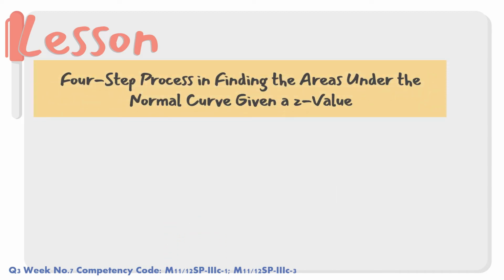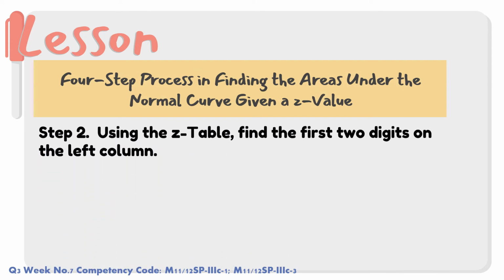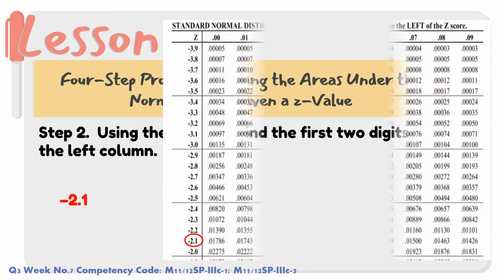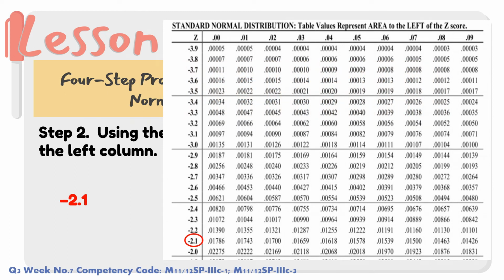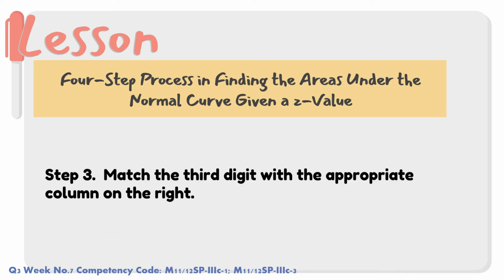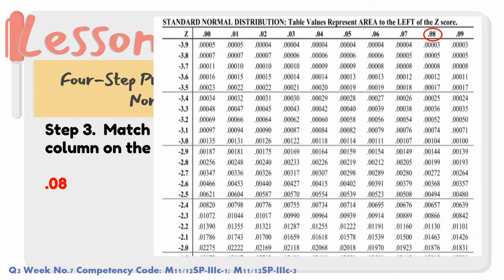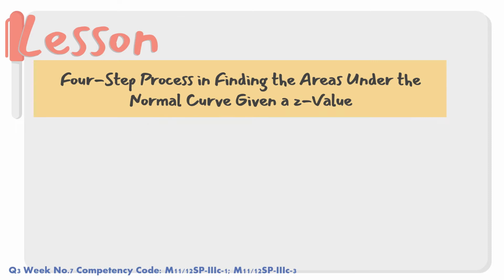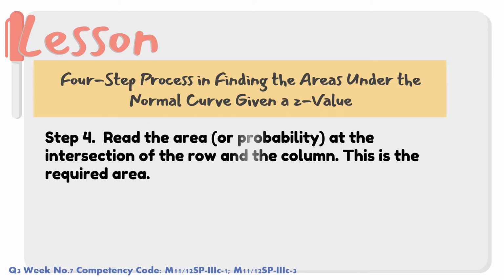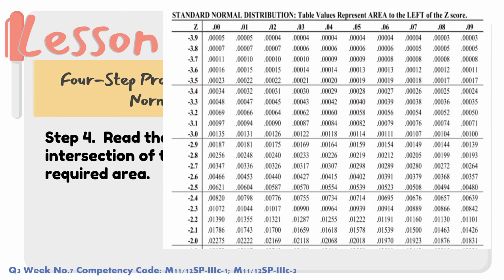Step number 2, using the z-table, find the first 2 digits on the left column. Step number 3, match the third digit with the appropriate column on the right. Step number 4, read the area or probability at the intersection of the row and the column. This is the required area.